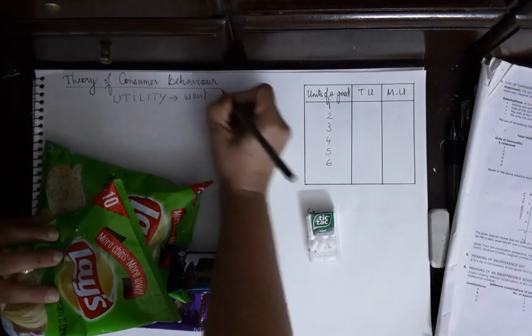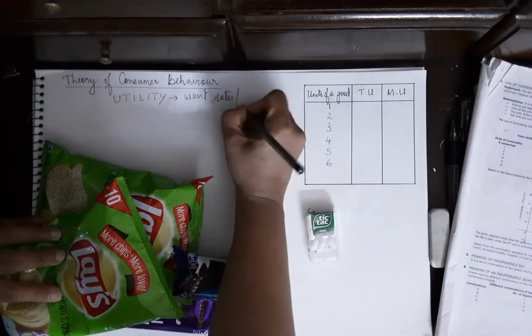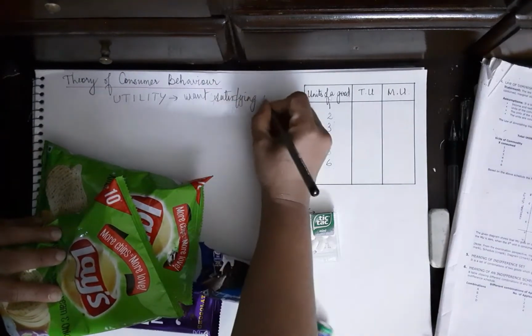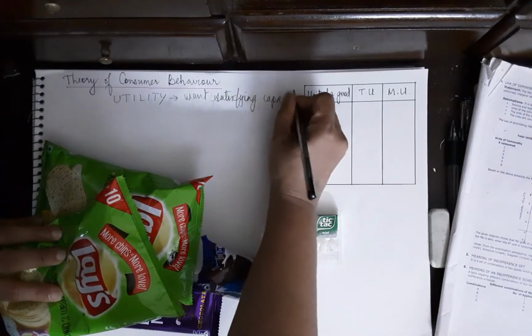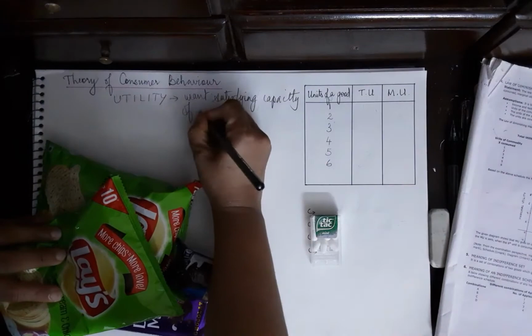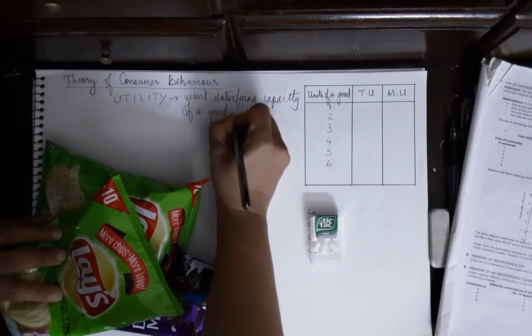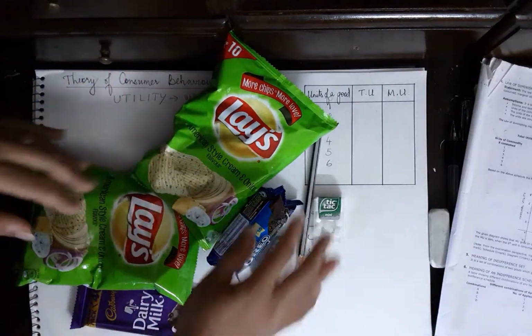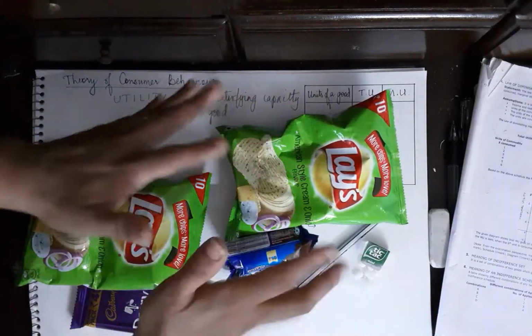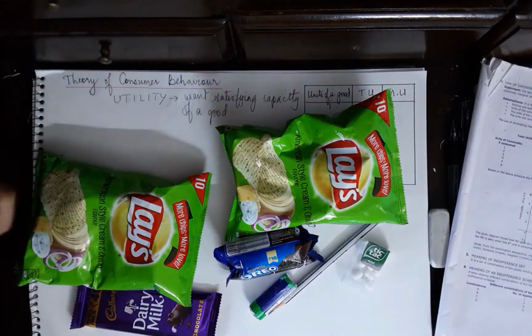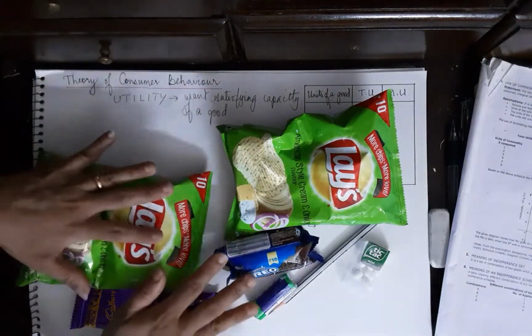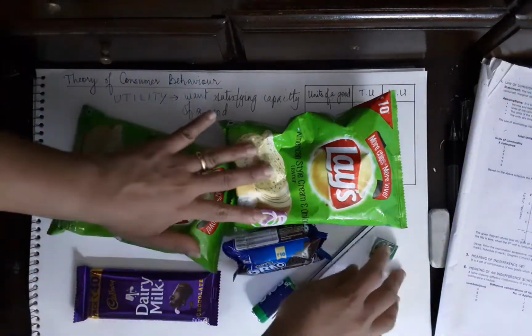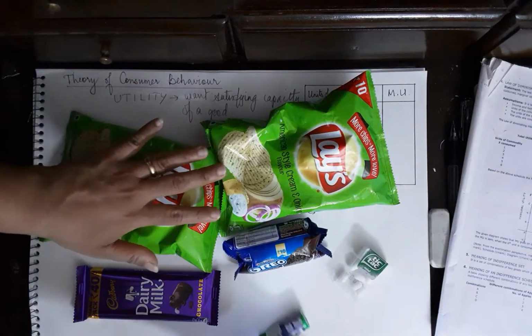It is the want satisfying capacity of a good. You can say it along with me. Get this in your head. So all these goods that you see in front of you definitely have the capacity to satisfy our wants. So definitely we can say that these goods, or examples of goods that I've taken here, do have utility.